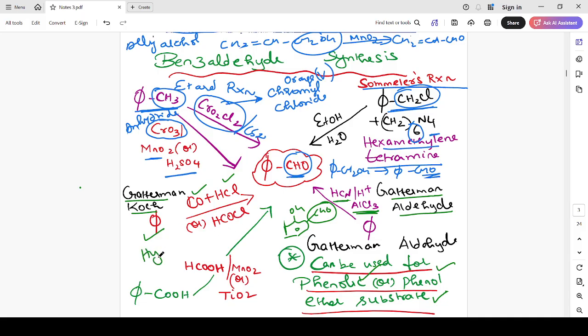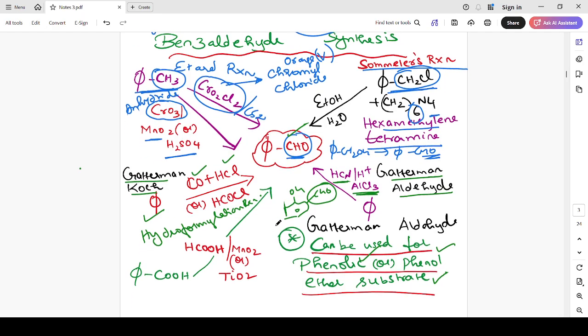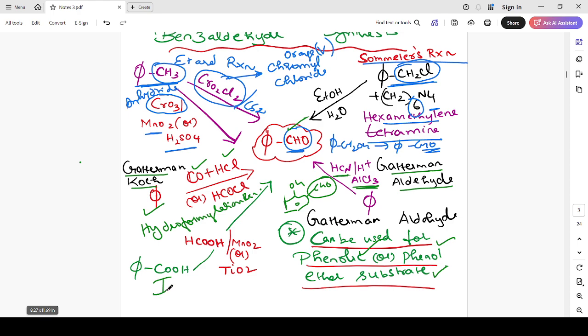The reaction is called hydroformylation reaction, where an aldehydic unit is attached to the benzene. This is the industrial method of preparation of benzaldehyde here.